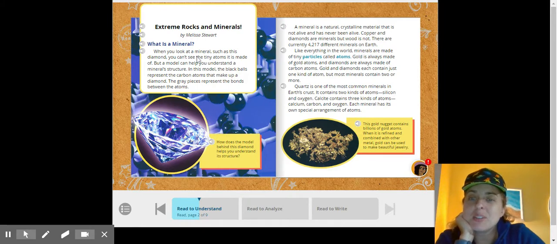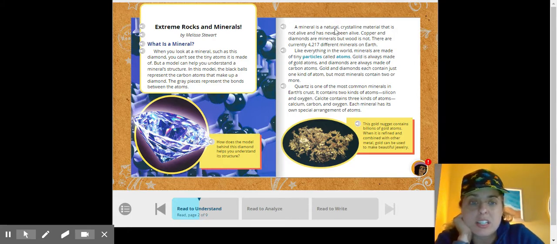When you look at a mineral such as this diamond, you can't see the tiny atoms it is made of, but a model can help you understand a mineral's structure. In this model, the black balls represent the carbon atoms that make up a diamond. The gray pieces represent the bonds between the two atoms. So it's talking about the picture that's behind our big diamond. That's our model behind it.